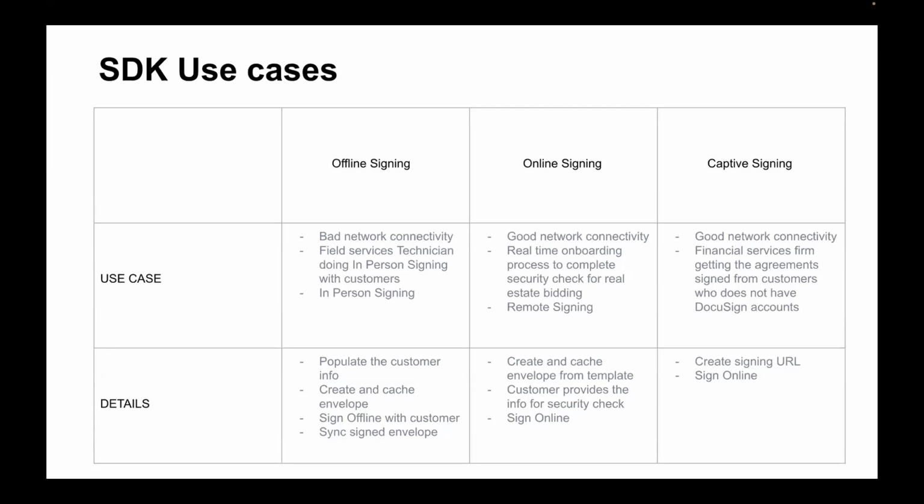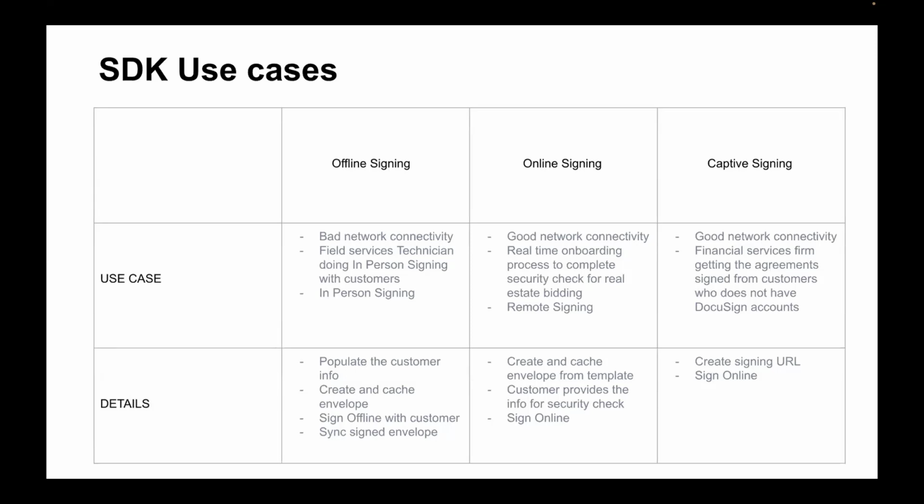Last but not the least, which is captive signing. We have an SDK customer who is a financial services firm, and they use our SDK captive signing API to get the signing done from their investors who don't have DocuSign accounts. As you see here, for offline and online signing, the signers will have DocuSign accounts.